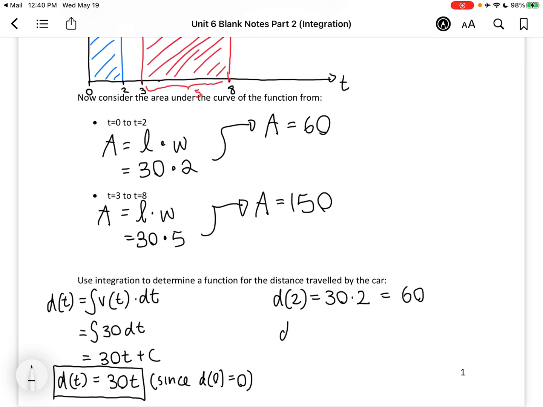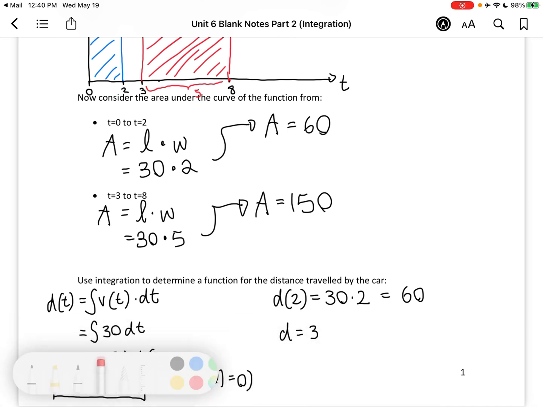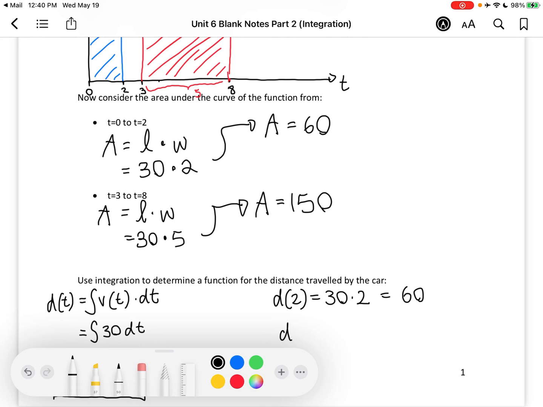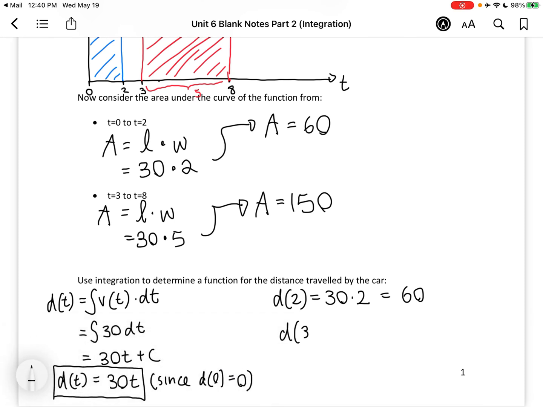And let's see d of 3. d of 3 is 30 times 3, which is 90. And d of 8 is 30 times 8, which is 240.